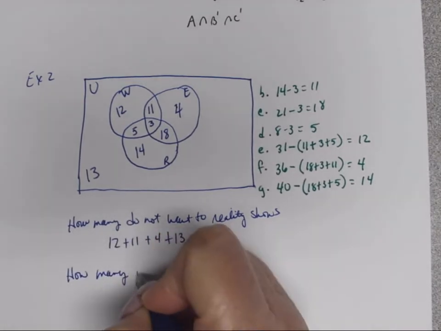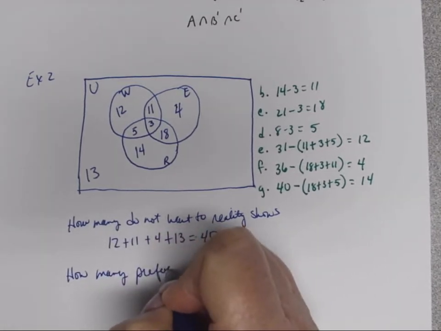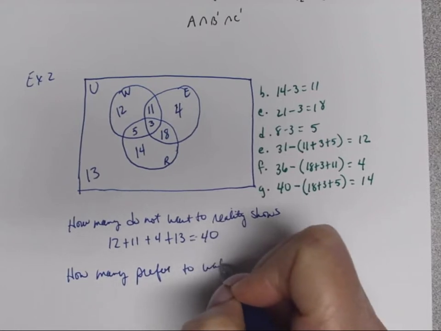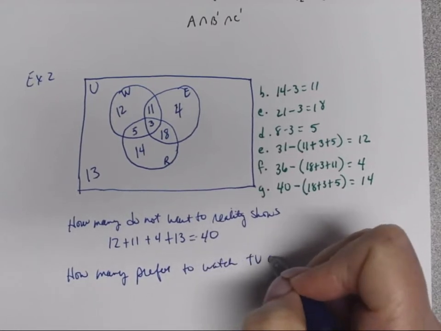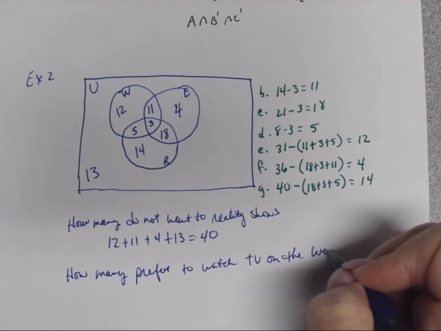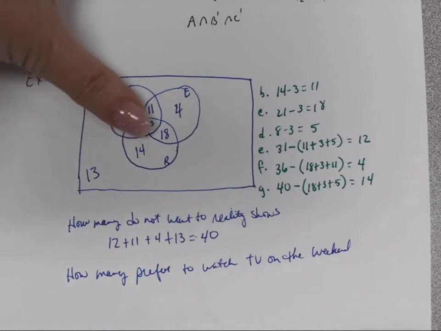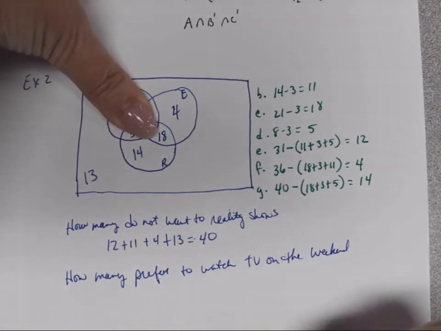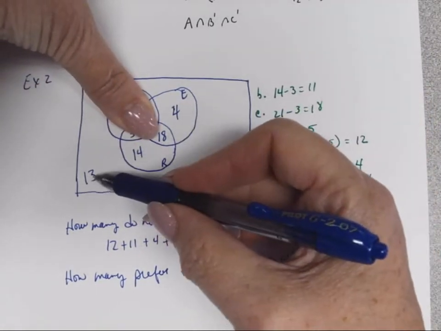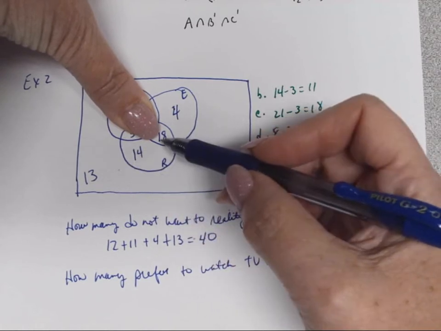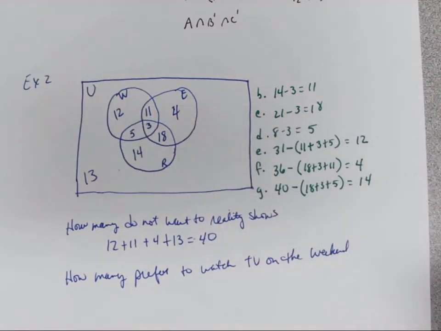The next question asked, how many prefer to watch TV on the weekend? Well, that means not the weekday, right? So we're going to cover up the weekday part, and we will be adding up the 13, the 18, the 14, and the 4.